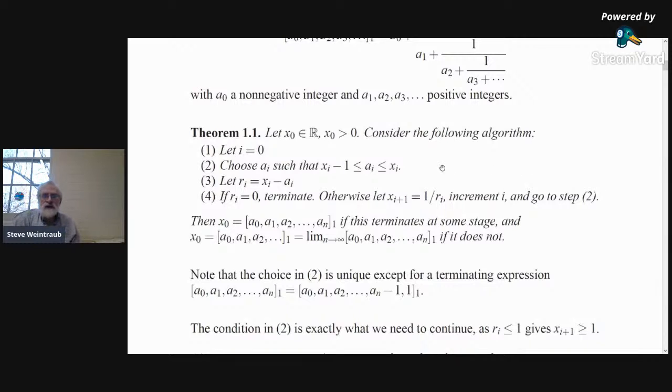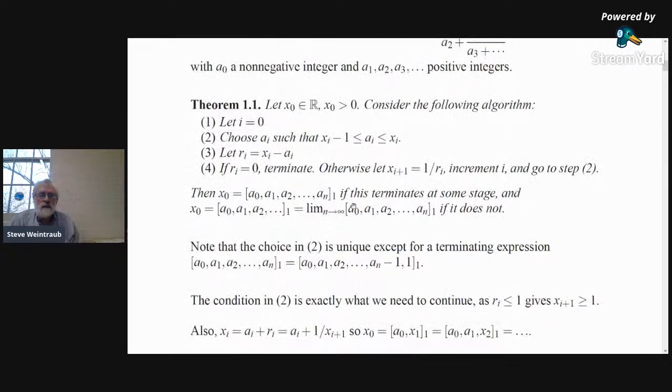And we should also notice that this condition is exactly what we need to continue, because this says that r sub i is less than or equal to 1. That says that x sub i plus 1 is greater than or equal to 1. And of course, we're always looking for a sub i to be a positive integer. So x sub i greater than or equal to 1 guarantees us that we can find a sub i plus 1 to be a positive integer.